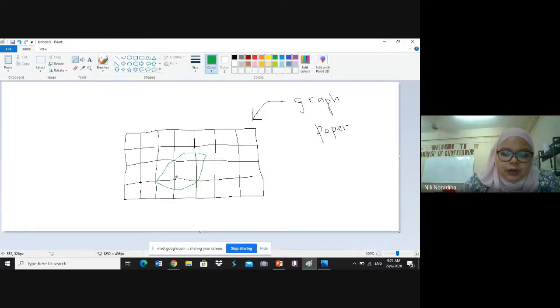So the teacher already drew a leaf here. This box we will count because the shape of the leaf exceeds half. Half of the square means we divide the square in half.